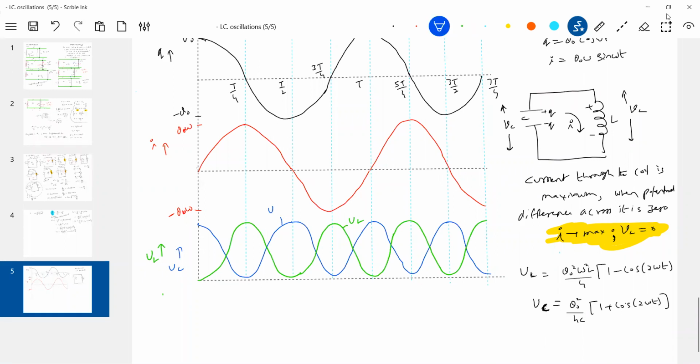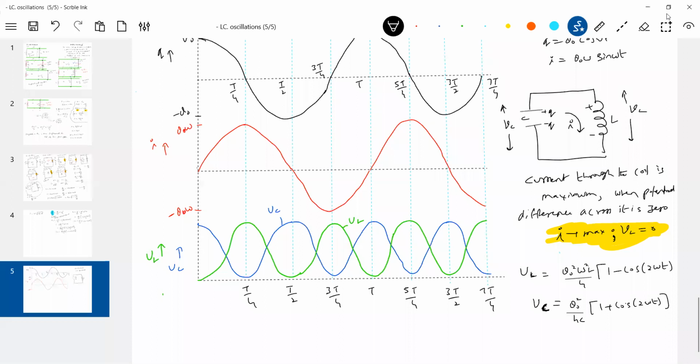Okay, I think now you have all the information. Any theoretical questions, if they ask you, I think you can take help of this much of the graphical one. This is 3T by 2, 7T by 4. What is one cycle? This is one cycle, no? 0 to T is one cycle. How many oscillations will the energy in the capacitor and inductor complete?